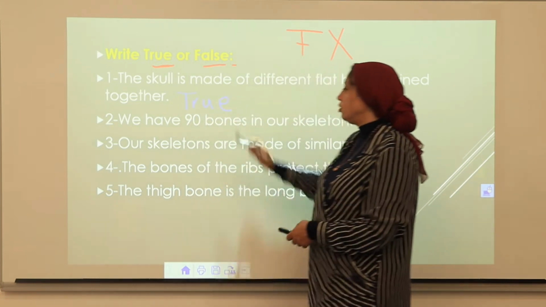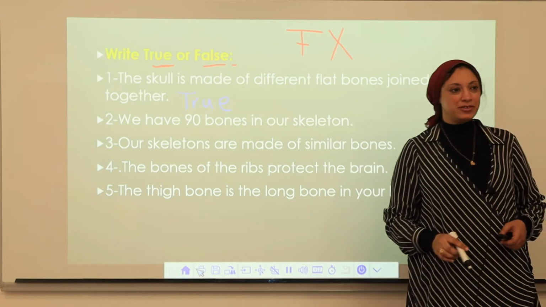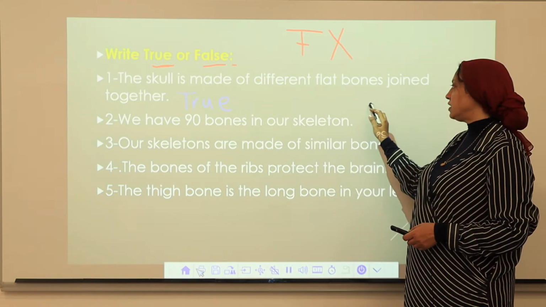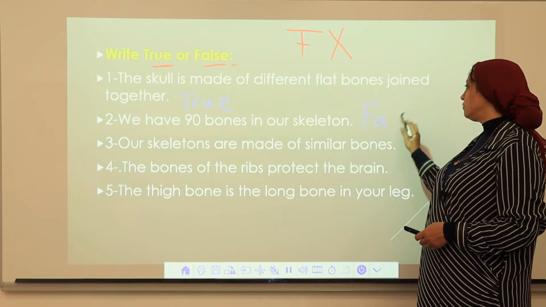Okay, the second one. We have 90 bones in our skeleton. False. What is the exact number? 206. Yes, 206. Excellent.